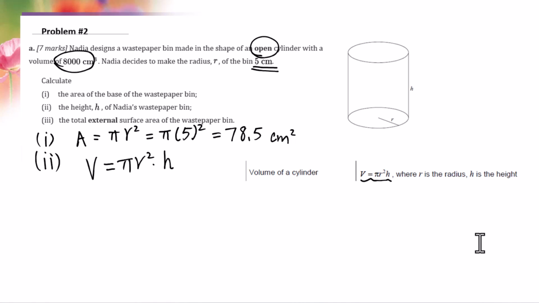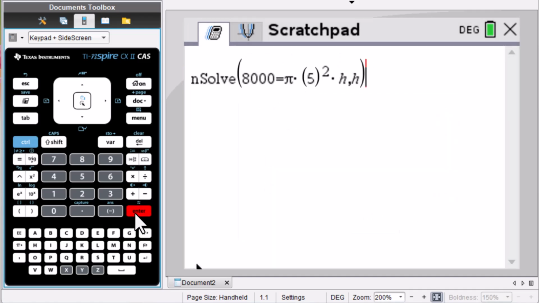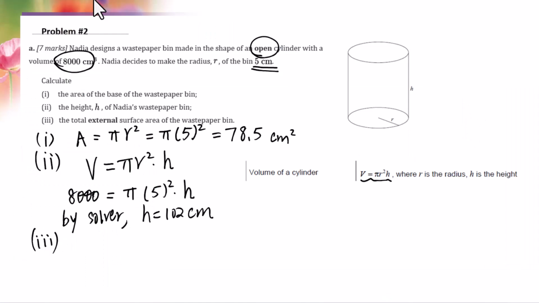Do the substitution. 8,000 equals pi times 5 squared times h. Let's go to equation solver. Type in the equation. Control menu. Enter, enter, enter. H equals 102.